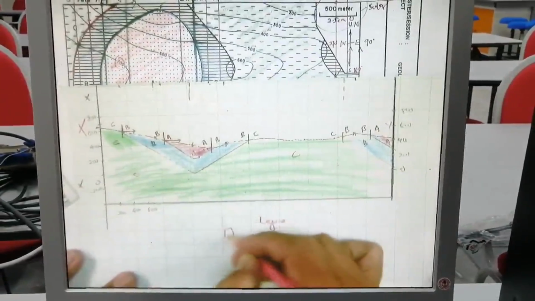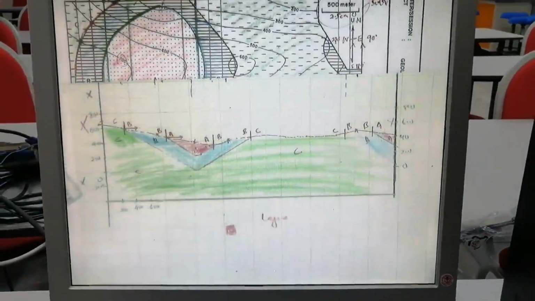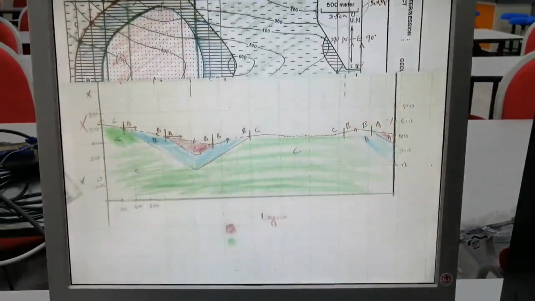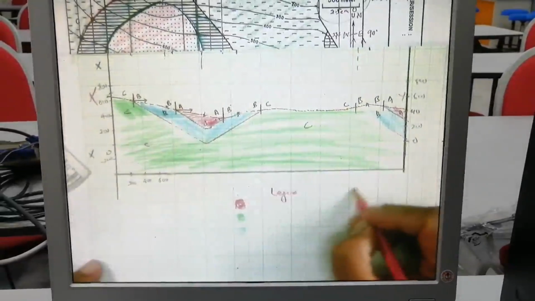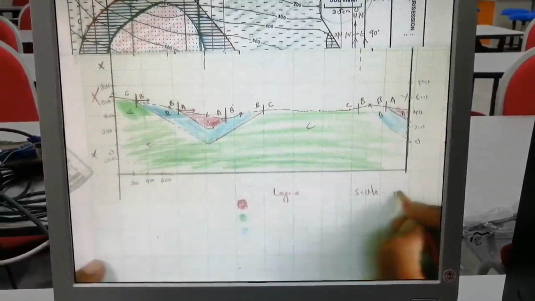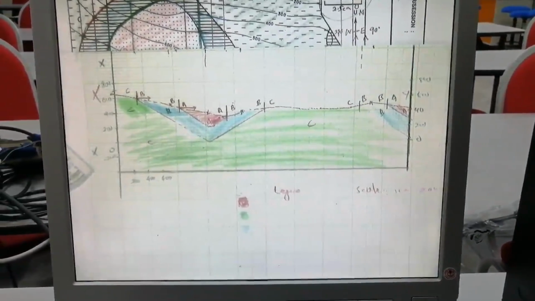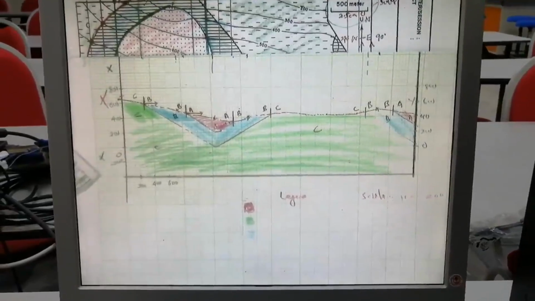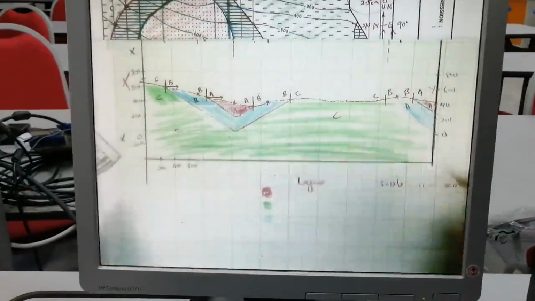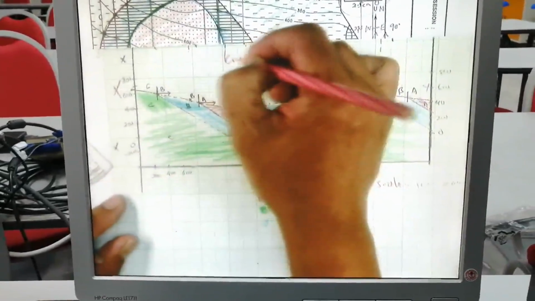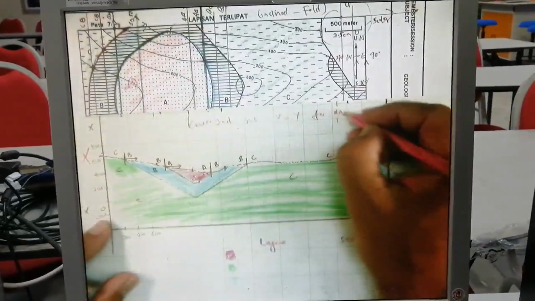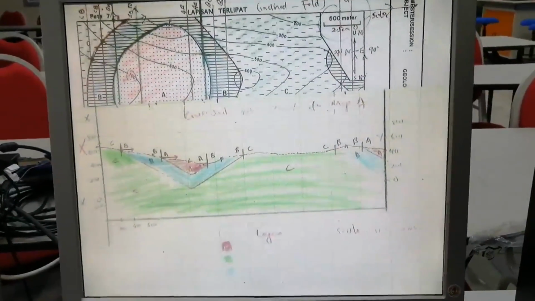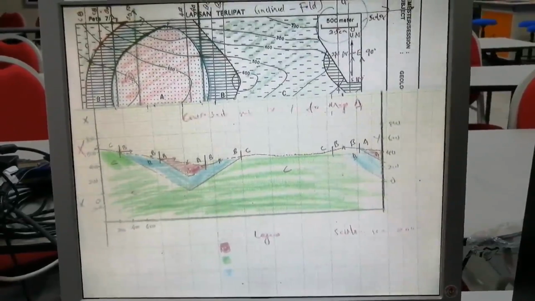And then the scale: 1 centimeter to 200 meters. And the title: Cross section of XY for map A.